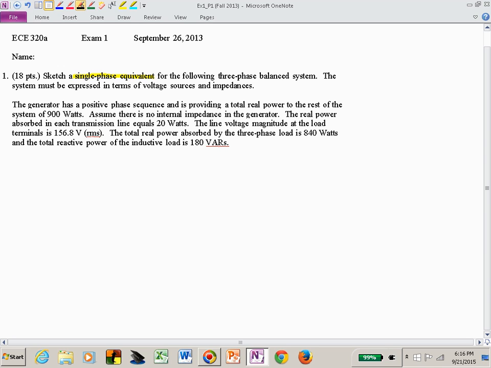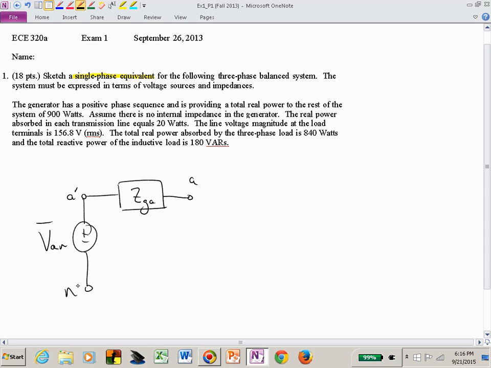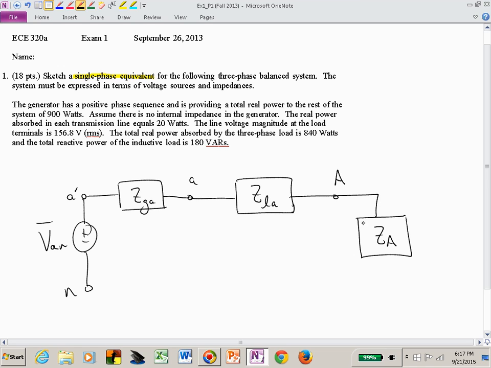If you wanted to, you could just quickly start saying, I need something like this. There is my source with the internal impedance, I have a transmission line impedance, and I have the load impedance, Z sub capital A. Since it's balanced, I could pretty much forget the little a's on those.